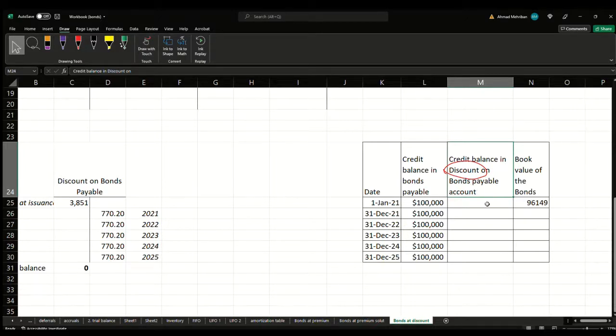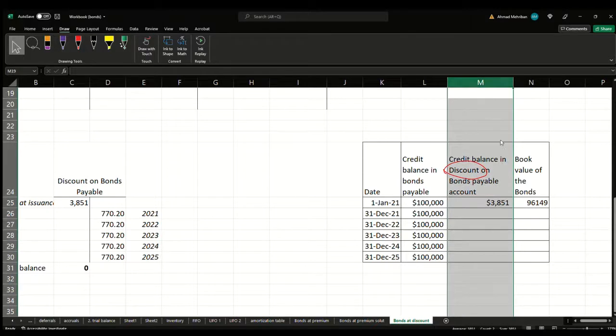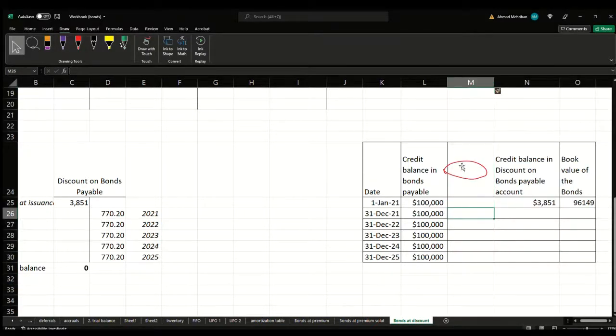So this is the first year, and we know that our amortization, the credit on the discount on bonds payable, is going to be 3,851. And let me just add another line. I didn't do it the other time. So we have amortization on discount, which, as we've calculated, is 720.